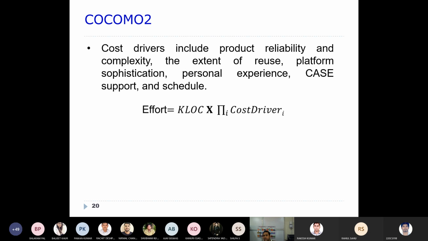Personnel experience: one is a highly experienced person, the other is poor at coding or some other activity. CASE support, whatever CASE tools we are using. And the schedule, if you have any constraint on schedule, whether you want that thing very early. These are the 7 cost drivers we have included.